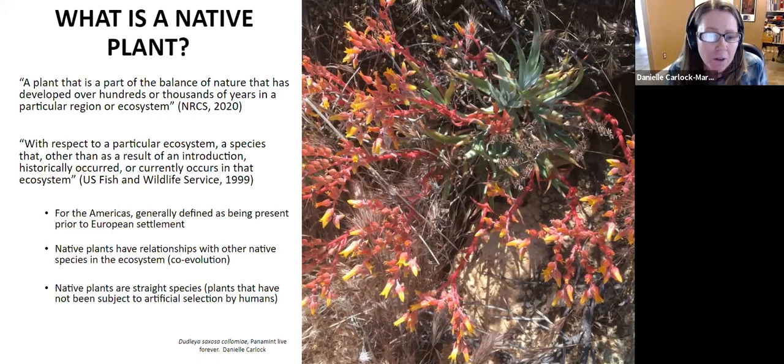And they've also co-evolved with the other organisms in that area, everything from insects, birds, even some of the microorganisms. So there's this idea of coevolution and the interrelationships in an ecosystem. That's going to come up a few times as we talk about other aspects of native plants.